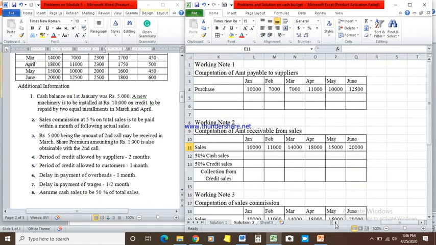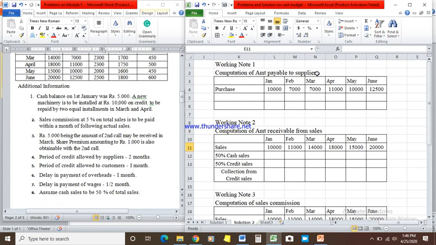First let's look into the computation of amount payable to the suppliers. We are going to start from January to June. We are not given any earlier period details, so whatever purchases we made from January to June, we have mentioned here.